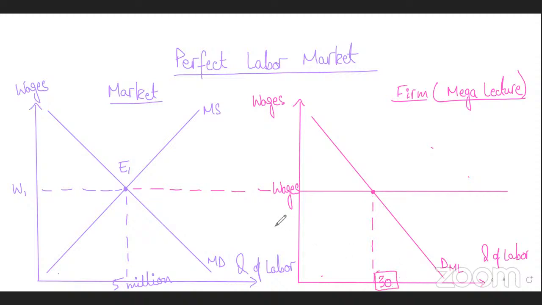We are willing to hire 30 teachers at this prevailing wage rate. And out of 5 million teachers in Pakistan, where there are hundreds of thousands of schools and a couple of online teaching platforms, how many are hired at our organization? So Mega Lecture has hired 50, 60, 70.